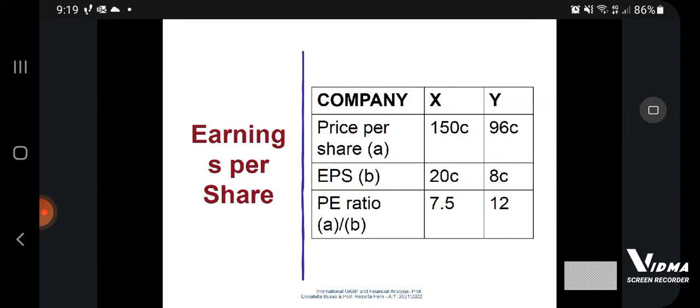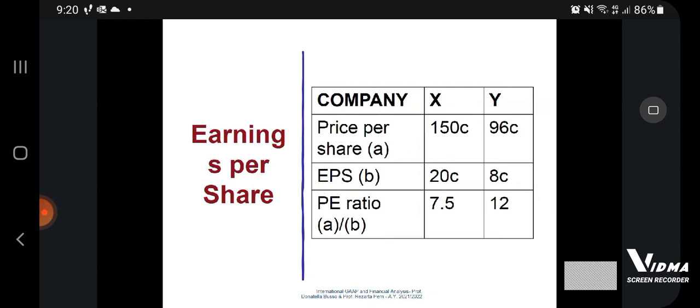So again, the P/E ratio compares the price in the market to the earnings per share that the company recorded. And it says how much more the investors are willing to pay for one share compared to the earnings that they reported and declared. Usually these terms are being used: company X is undervalued compared to company Y, which is overvalued.